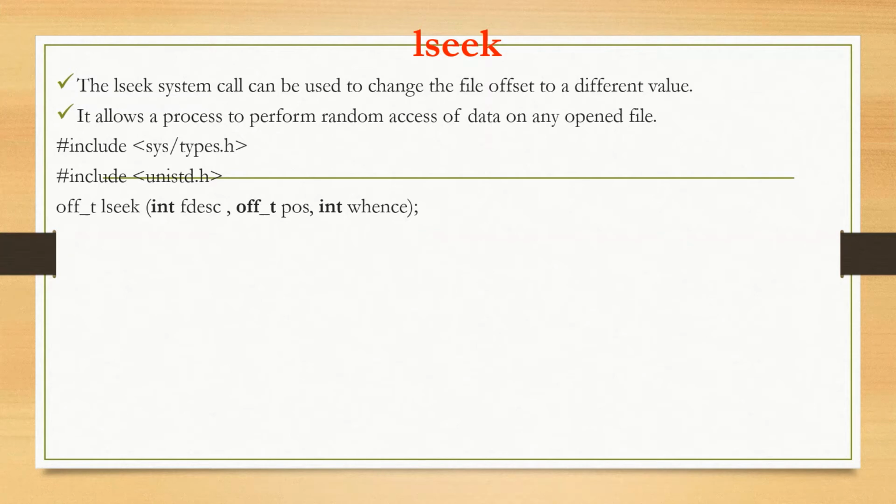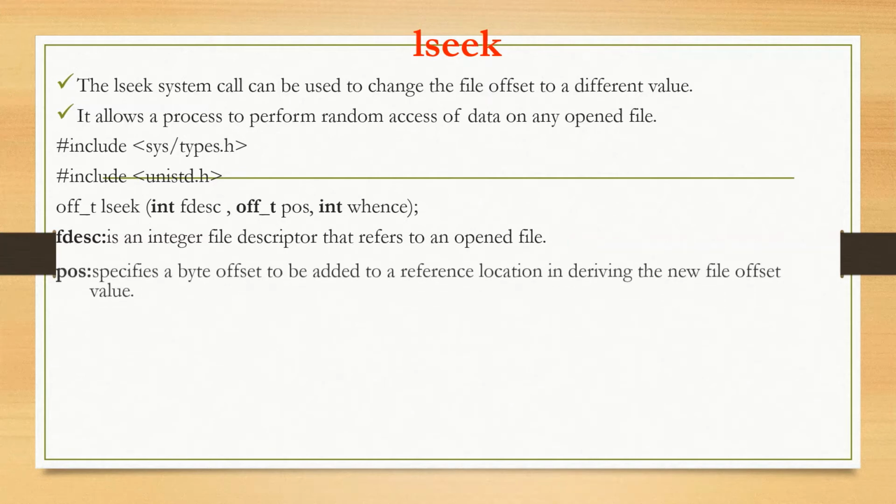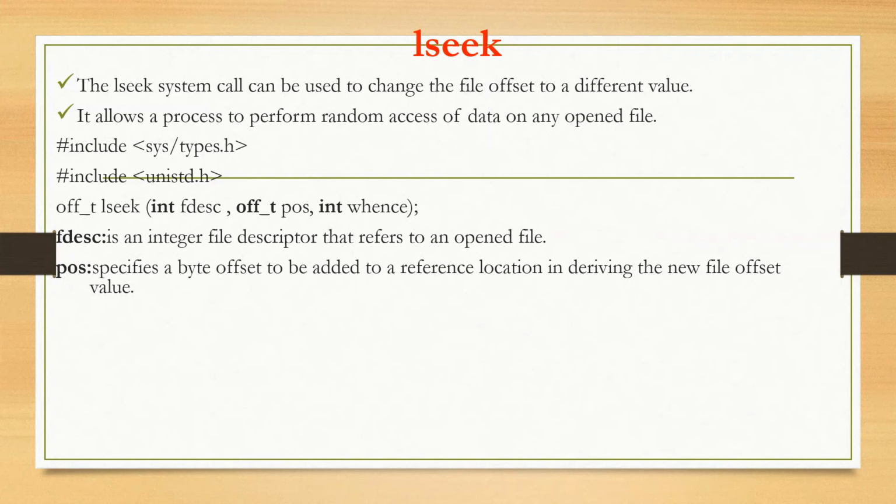First one, fdesc, is an integer file descriptor that refers to an open file. pos is the second parameter, which specifies the byte offset to be added to a reference location in deriving the new file offset value. whence is the third parameter, which specifies the reference location.